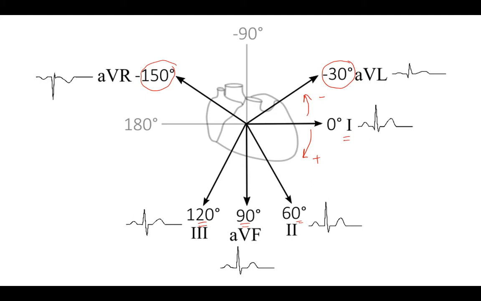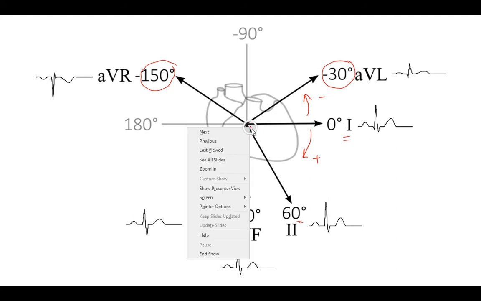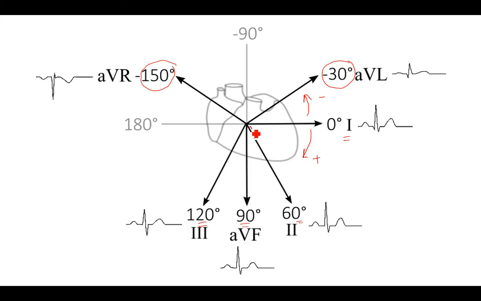Say for an example, if I pass a current along the direction of lead 2, then lead 2 will record a positive deflection. But as this current is moving away from lead AVR, it will record a negative deflection.